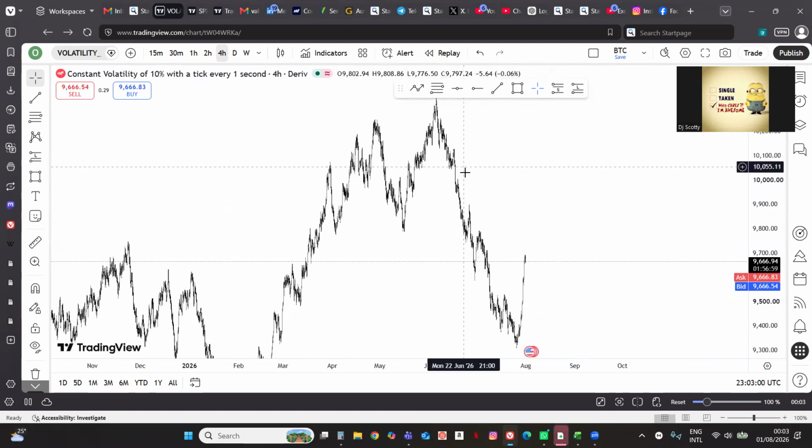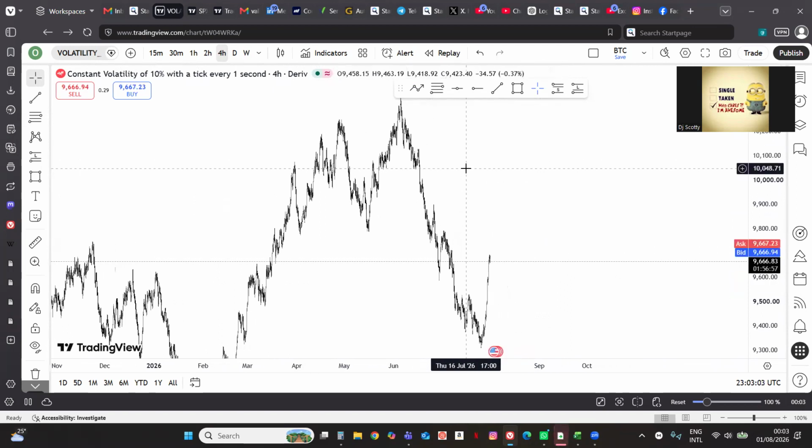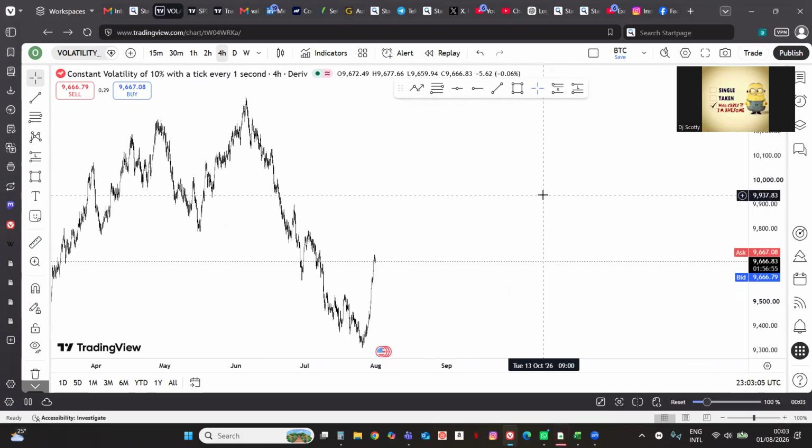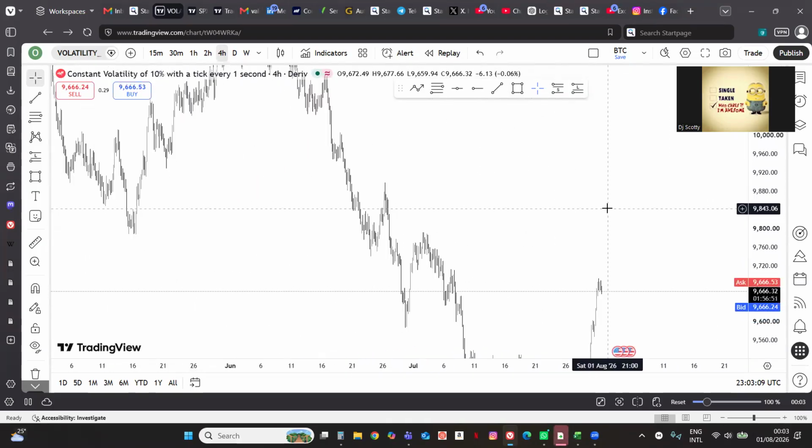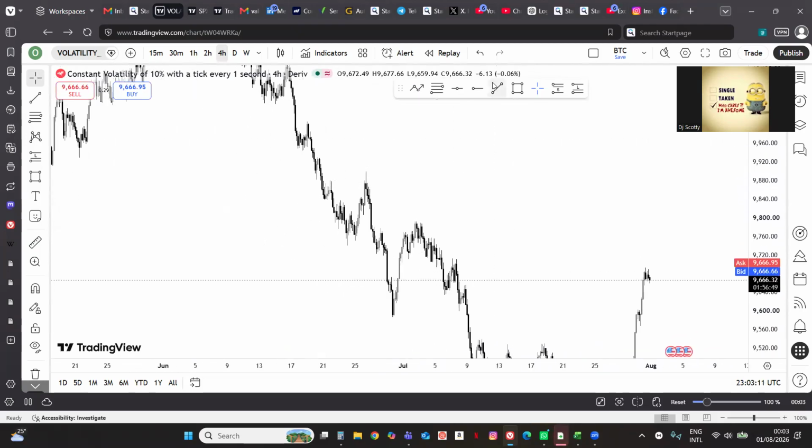So now this market is coming on a downtrend. Where can we see all our higher highs and our higher lows? That's what we're looking for. Right? So we have a low here. We have a low here. We have another low here. We have yet another low here.